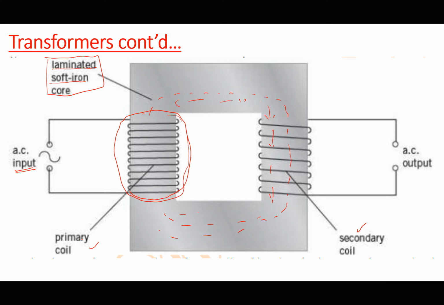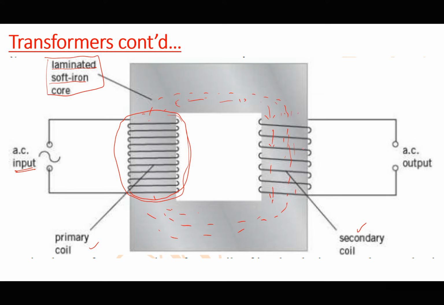But remember, the primary coil is an insulated wire and the secondary coil is an insulated wire. That means there is no direct contact, but the magnetic field can penetrate through an insulator. So the magnetic field spreads through the core and is intercepted by the other coil on the other side.